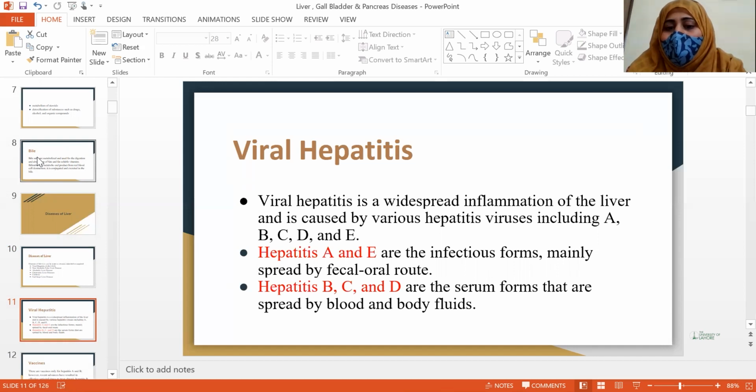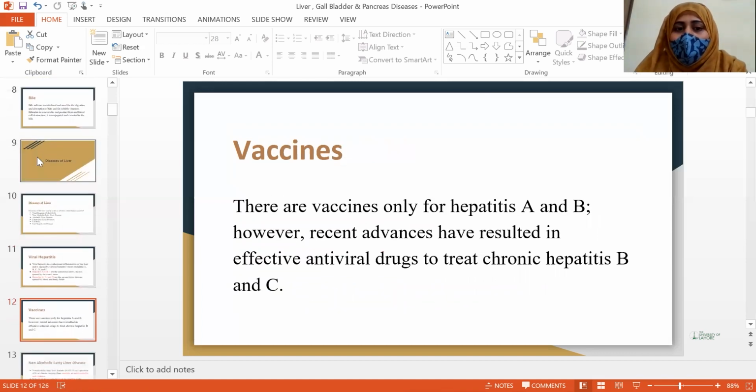Hepatitis B, C, D are the serum forms that are spread by blood and body fluids. Vaccines are available only for hepatitis A and B. However, recent advances have resulted in effective antiviral drugs to treat chronic hepatitis B and C.